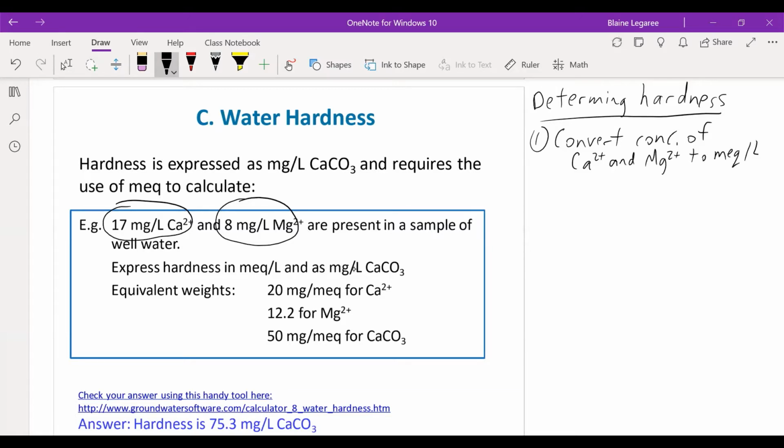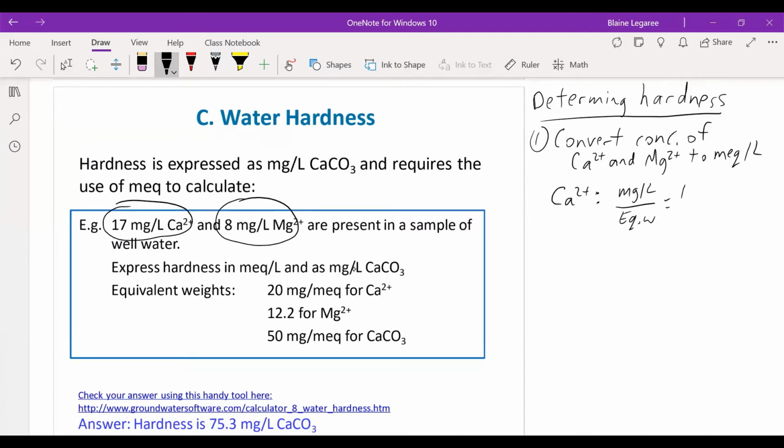milliequivalents per liter. So we can do that, and we'll do calcium first. Remember, to convert to milliequivalents per liter, you take your milligrams per liter and divide by the equivalent weight.